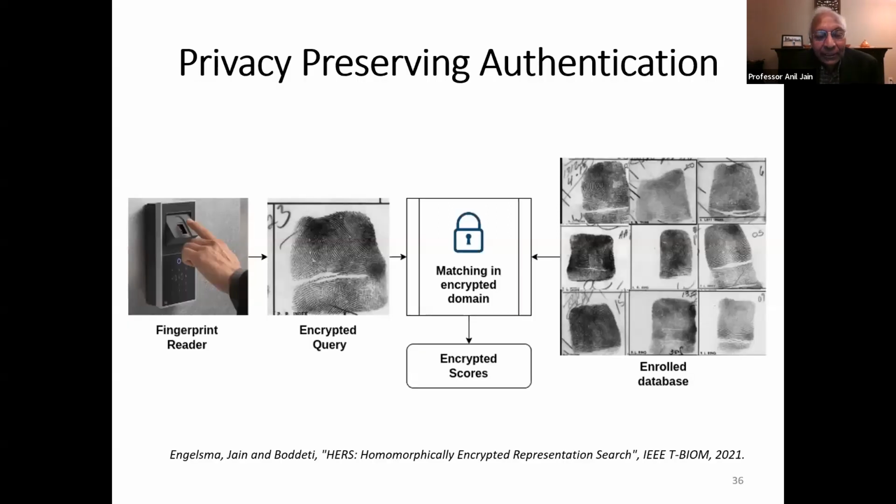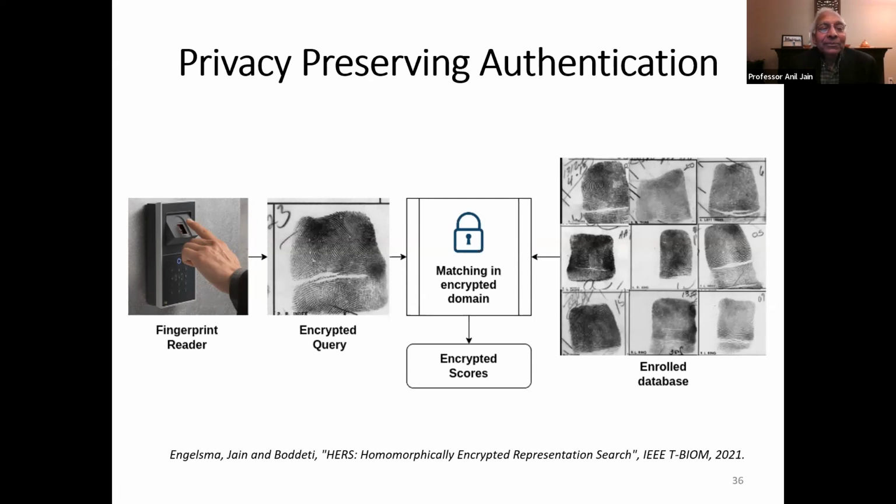So this shows, there has been a lot of work going on in matching in the encrypted domain. And I think the technology is here. The solutions are here. In this picture, I'm showing you, we have a fingerprint reader. The reader itself does the encryption.